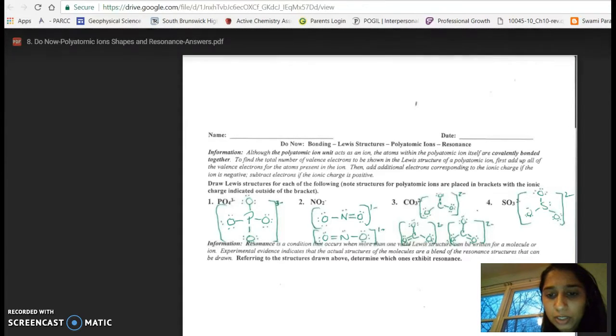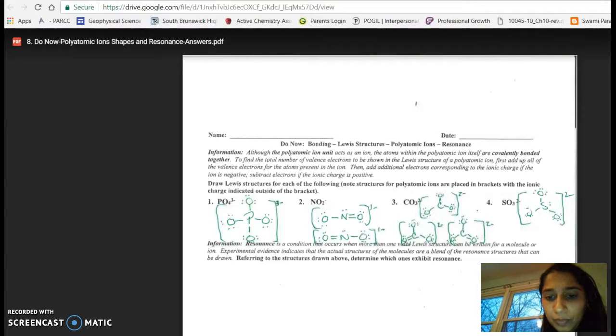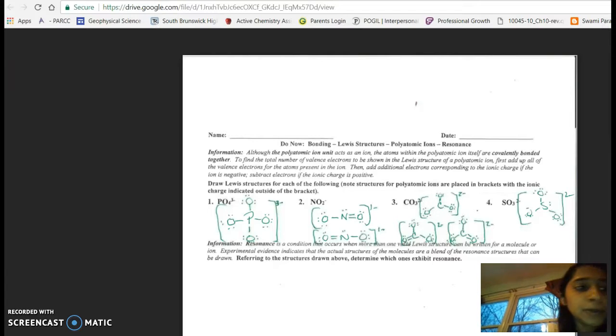So take, for instance, CO3 2 minus. You're going to do every structure for CO3, okay? And the question was, which has the stronger bond and which bond is strong? Your double bond is stronger than your single bond. All right?